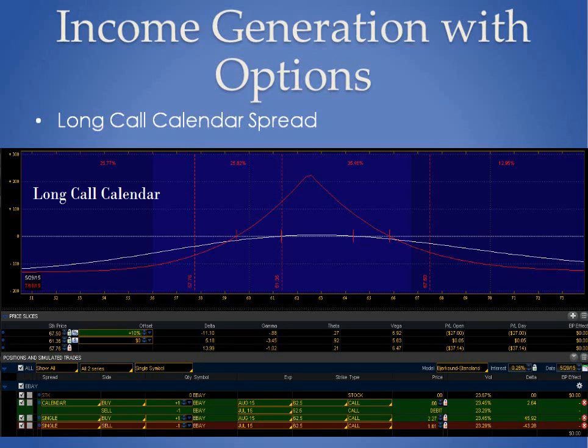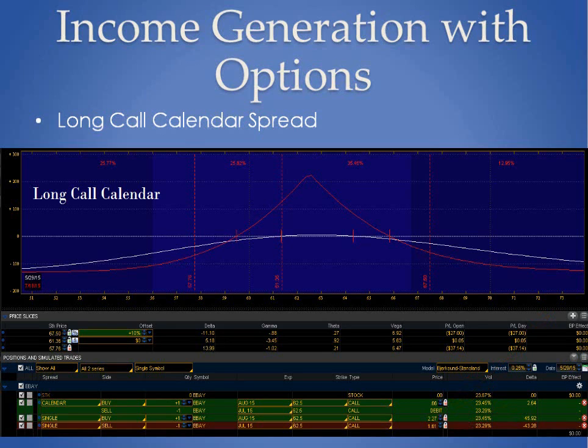pricing. So you can see here on this long call calendar spread, we did it for a 66-cent debit, or a $66 debit, and the breakdown of that was, as you can see, in the long August 62 call we paid $2.27, and in the July 62.5 calls we sold and collected $1.61, or $161, versus the $227.